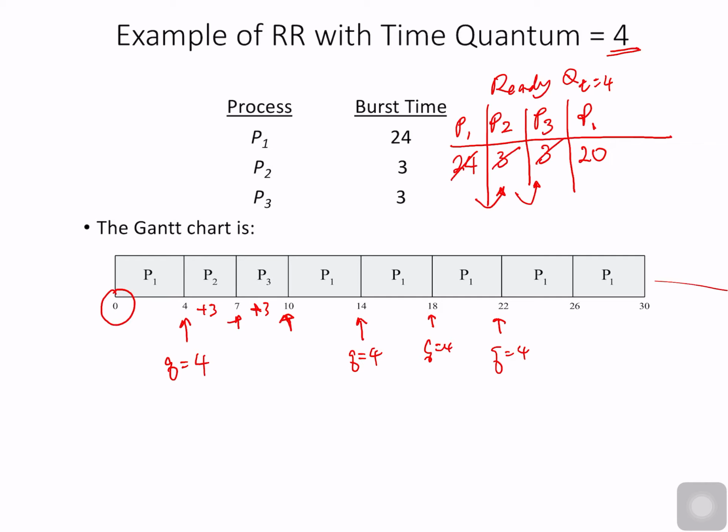To calculate the waiting time, we have P1. If you look here, P1 begins at 10. So this is the waiting time of P1.